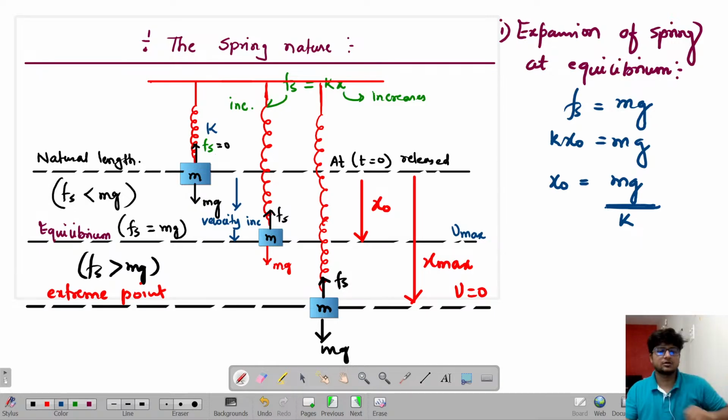Is that clear? So at equilibrium it is mg by k. The question arises, what is the value of x max?